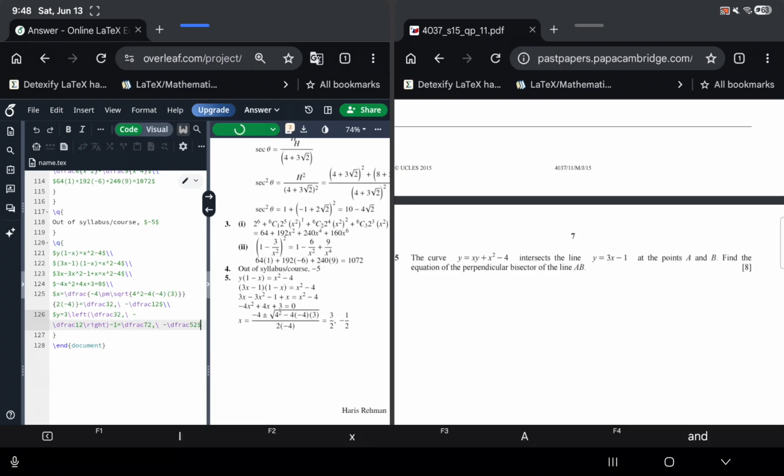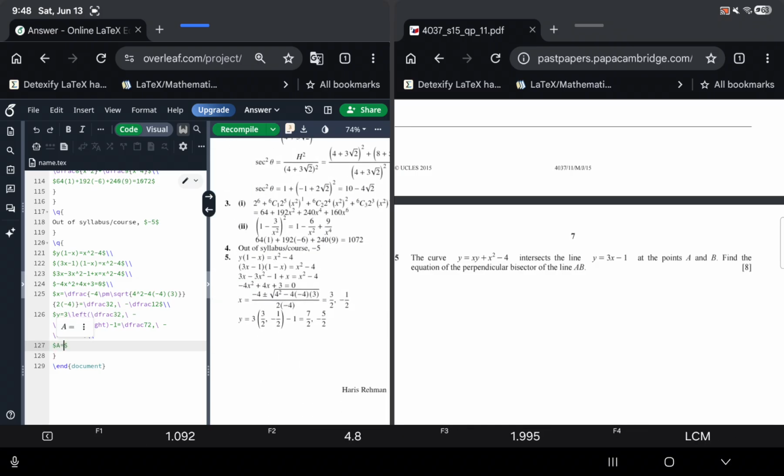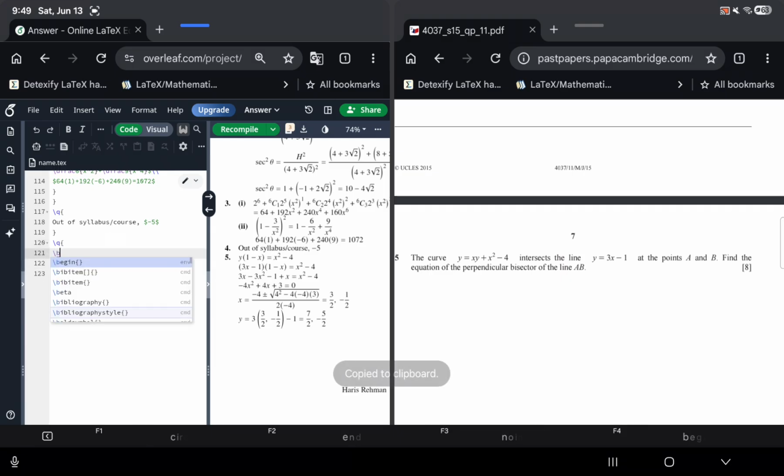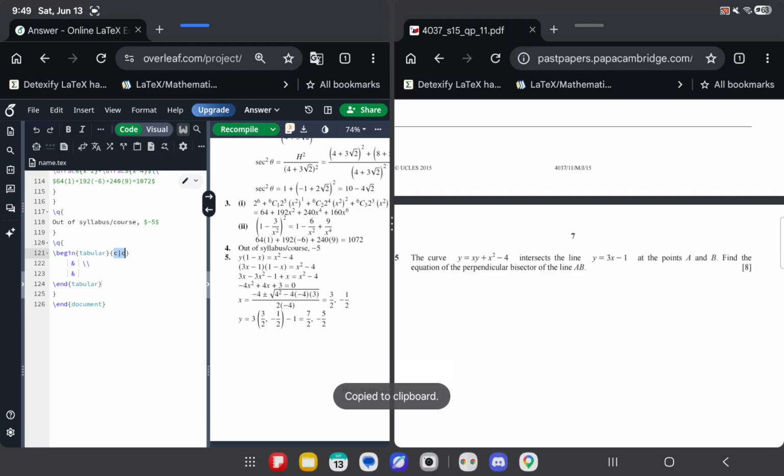Nice. And one value will be a and one value will be b. I'll take a as 3 over 2, b is equals to negative 0.5, negative 2.5. Nice. Now this is getting a bit long, so we will do tabular.